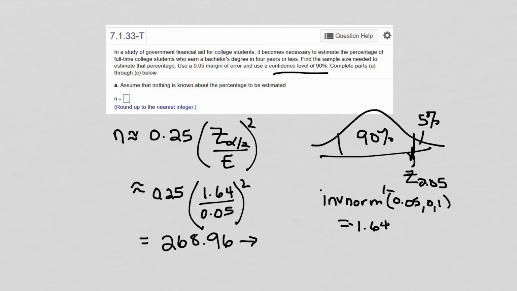So we're going to make this into 269, and that's my final answer. But even if it had been 268.001, I still would have said 269 was the answer. So just keep that in mind. We always go up to the next higher one, only in these sample size problems. That's the only time that happens. So 269, final answer.